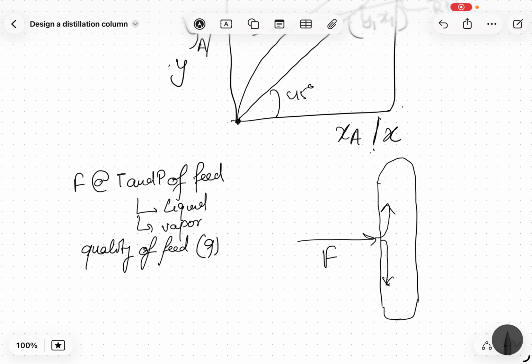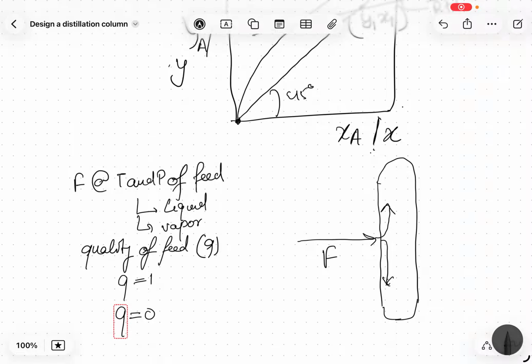Considering feed conditions, if the feed is at its bubble point, a saturated liquid, Q will be 1, and if the feed is at its dew point, a saturated vapor, Q will be 0.